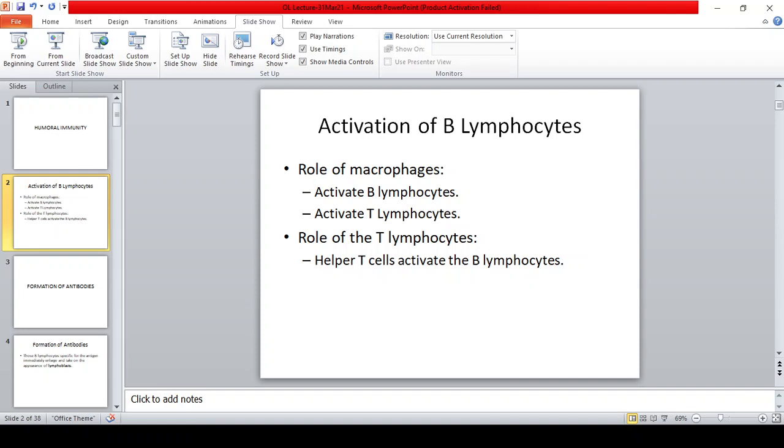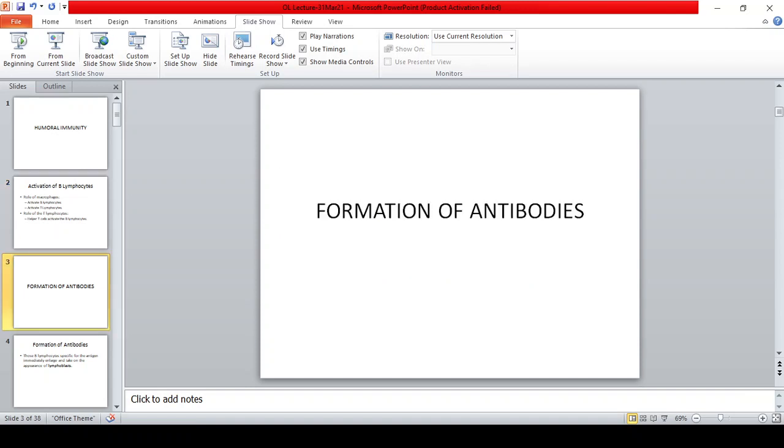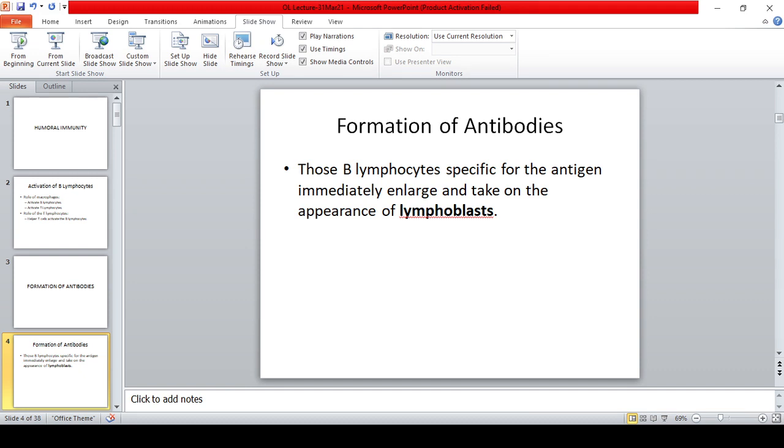After the B lymphocytes are activated, the next step is the formation of the antibodies. Those B lymphocytes which are specific for the antigen immediately enlarge, and they take on the appearance of lymphoblasts, that is, they become lymphoblasts.